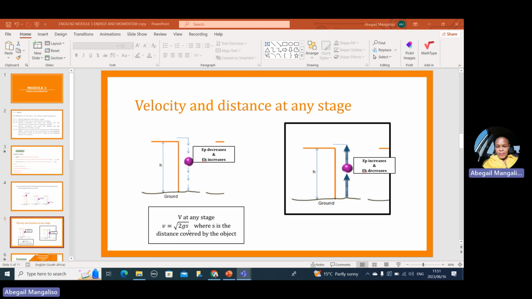So please take note: s or h will be the distance covered by the object. If it's going down, it will be the distance from the top. If it's going up, it will be the distance from the bottom. So you calculate velocity at any stage.